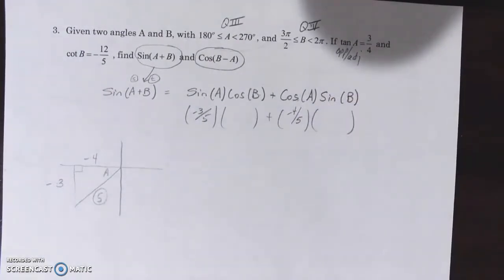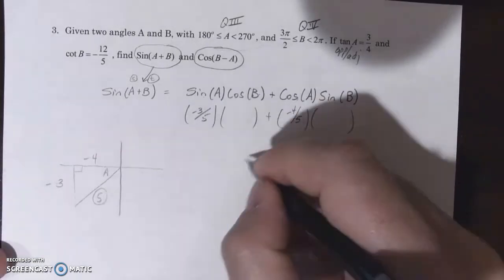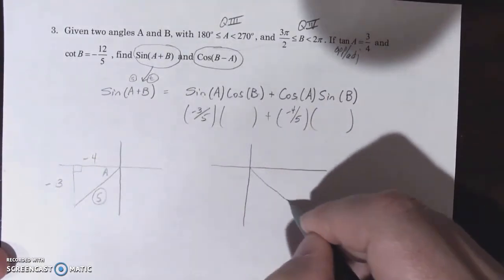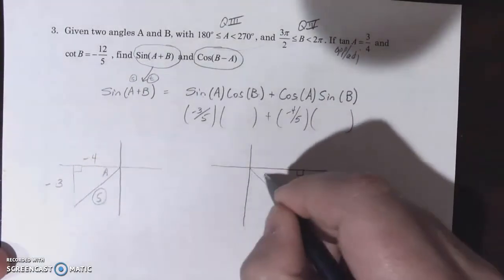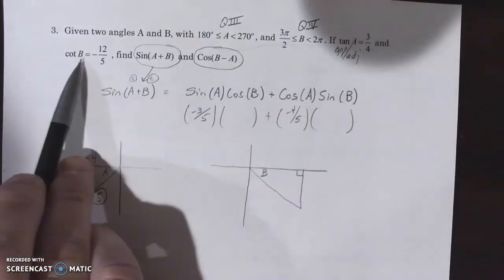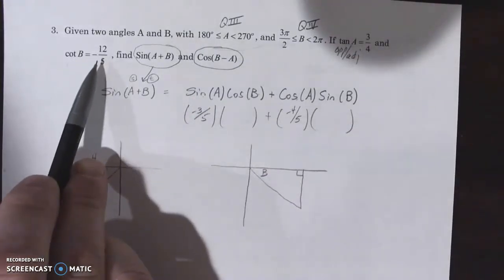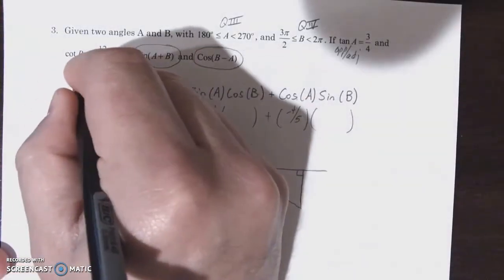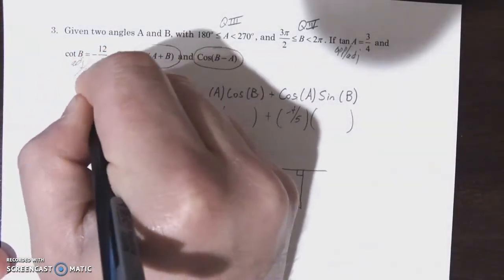So drawing that triangle, we still don't know what angle A measures. It just doesn't matter. And then let's draw out angle B. We said that angle B was in quadrant 4. It says that cotangent of B is negative 12 over 5. Cotangent is the reciprocal of tangent, so this would be adjacent over opposite.